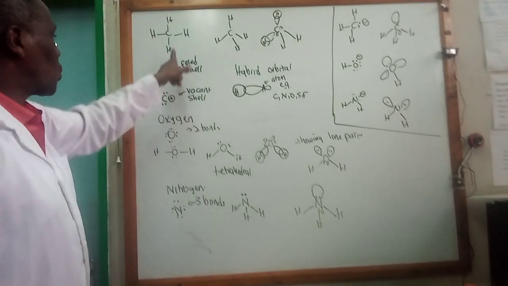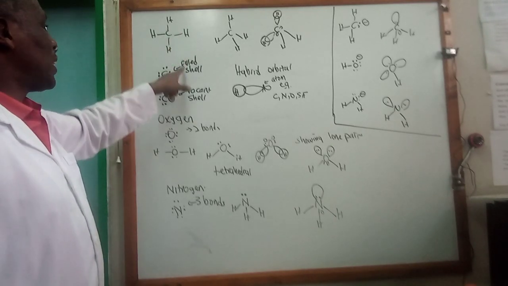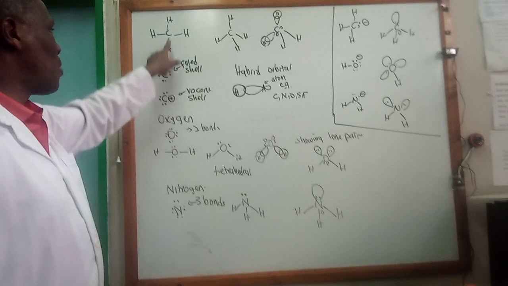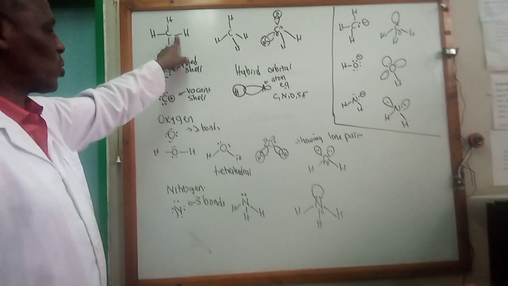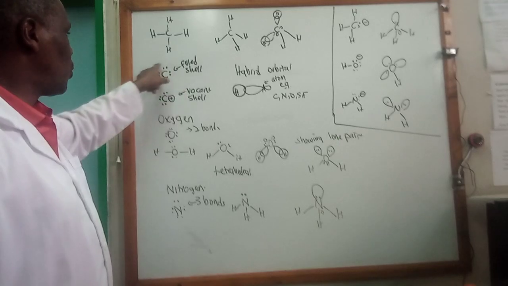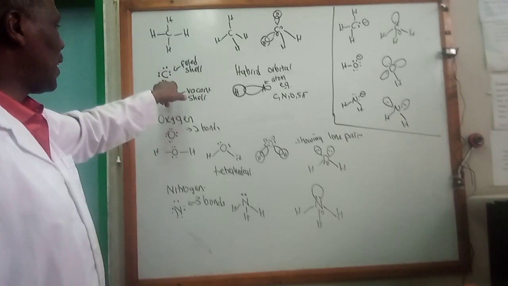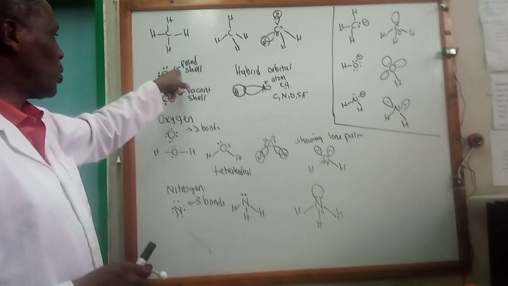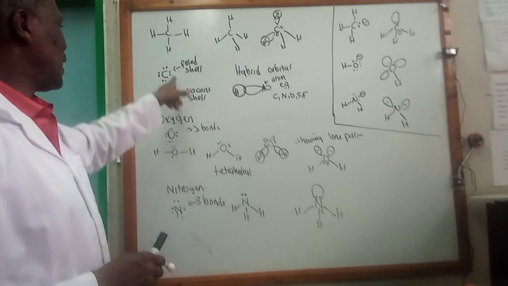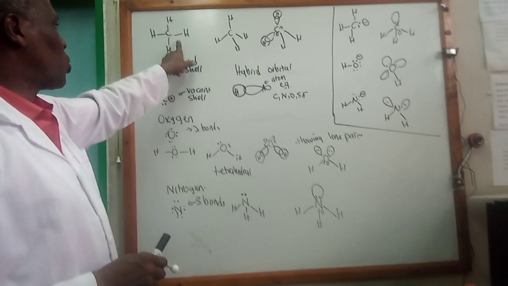Carbon forms four bonds. If it is filled, it has four bonds, and each bond is two electrons, so I'm going to show 2, 4, 6, 8. This shows the electrons without any bonds, a filled orbital, when the carbon is neutral.